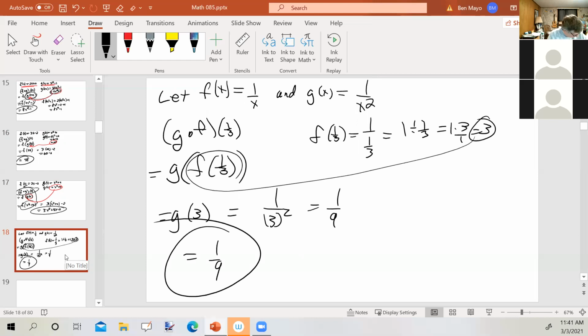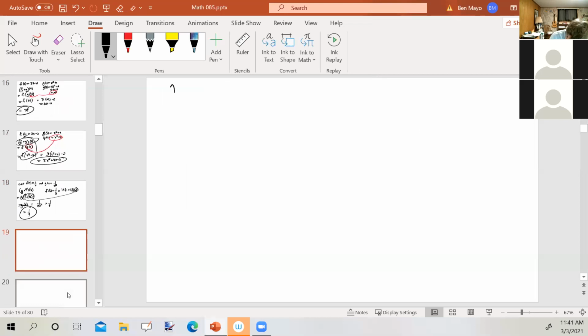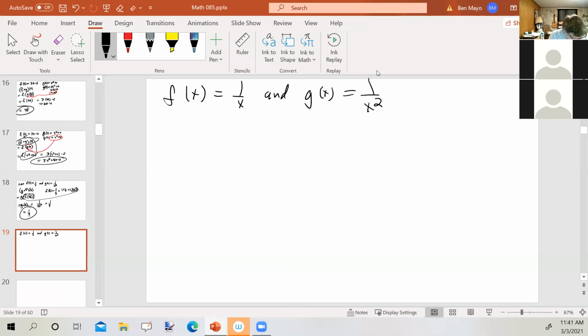Okay, let's take a look at this one. Again, f of x is 1 over x, and g of x is 1 over x squared. Let's find g composed with f of 8x.